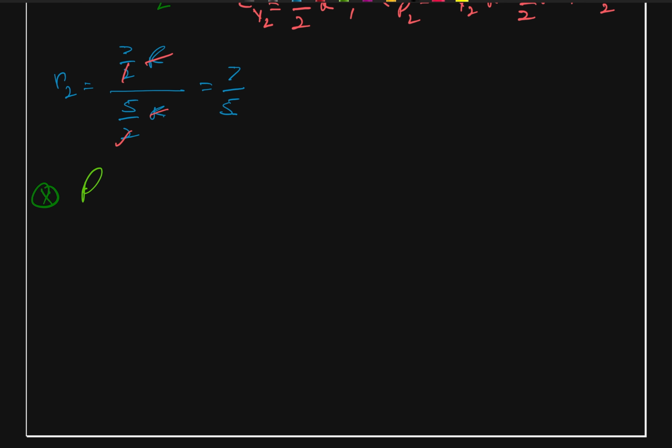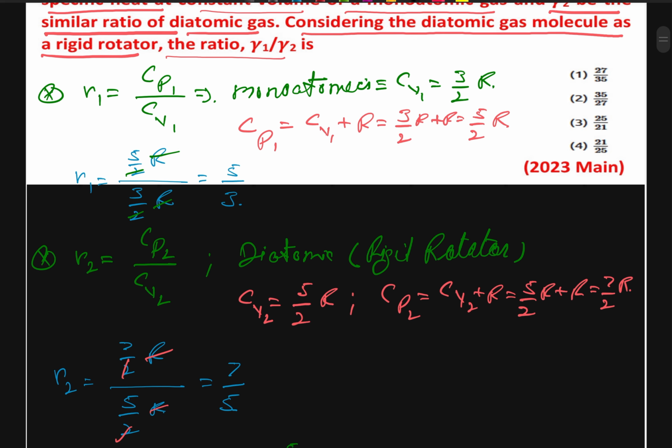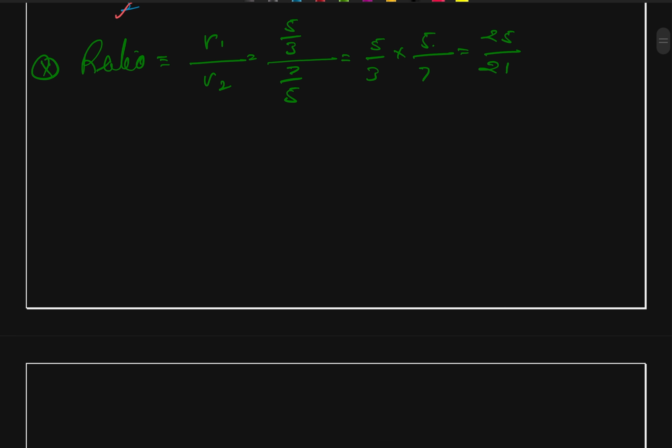Therefore, our ratio, gamma 1 upon gamma 2, will be equal to 5/3 divided by 7/5, which can be written as 5/3 times 5/7. This comes as 25/21. So we get 25/21. Option 3 is correct.